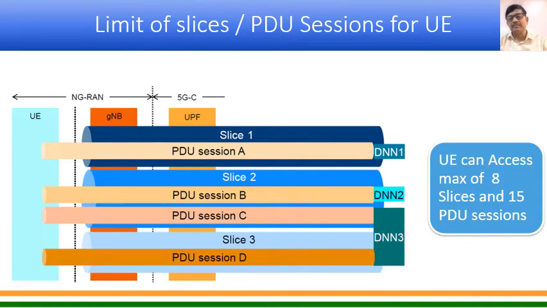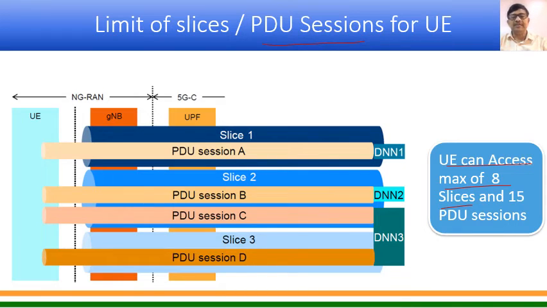There is a limit on the number of slices one user equipment can access simultaneously, and there is also a limit on the number of PDU sessions one user equipment can access simultaneously. So the user can access a maximum of 8 slices simultaneously, right?